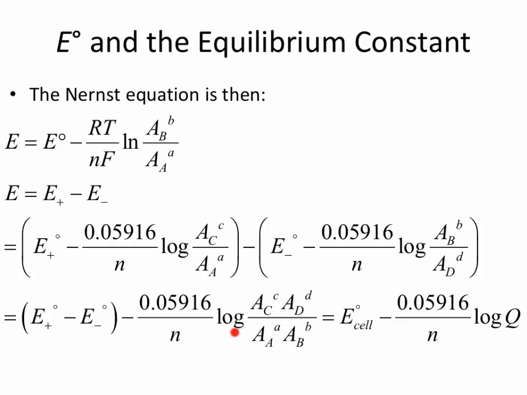Then we have one log term where we have our activity of C and our activity of D on the top, and our activity of A and activity of B on the bottom.